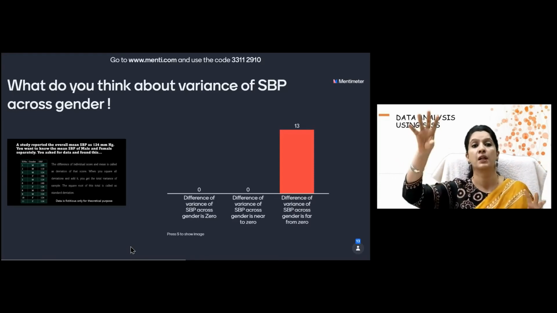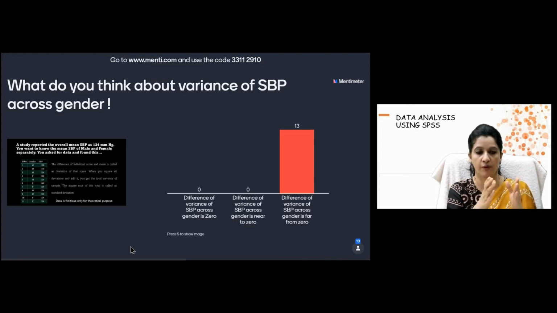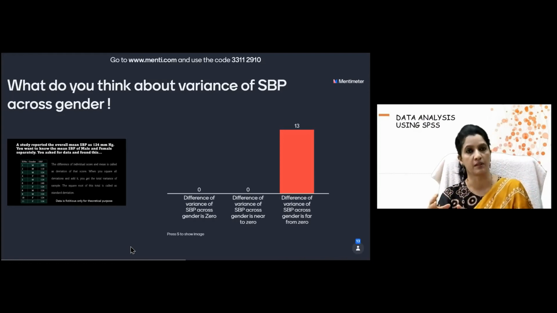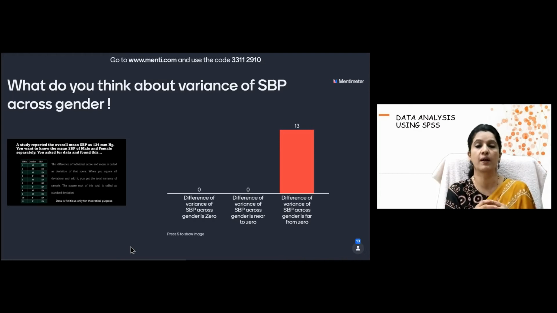There's not much deviation of one variance from the other. So when the difference of variance across the groups is very similar, that is known as homogeneity of variance. That means both samples have the same variance, meaning we have drawn the samples from the same population. So that's why they are comparable.